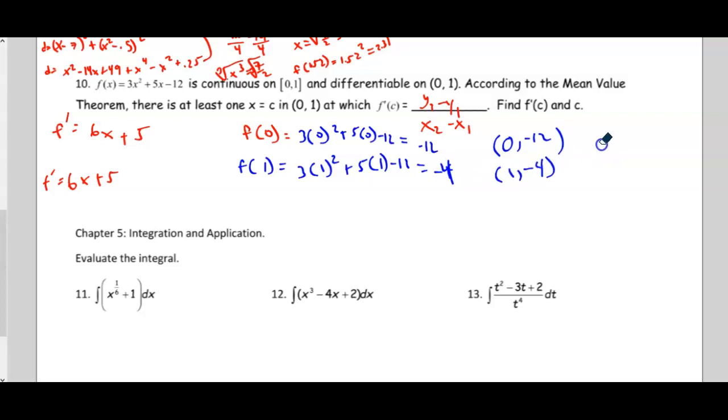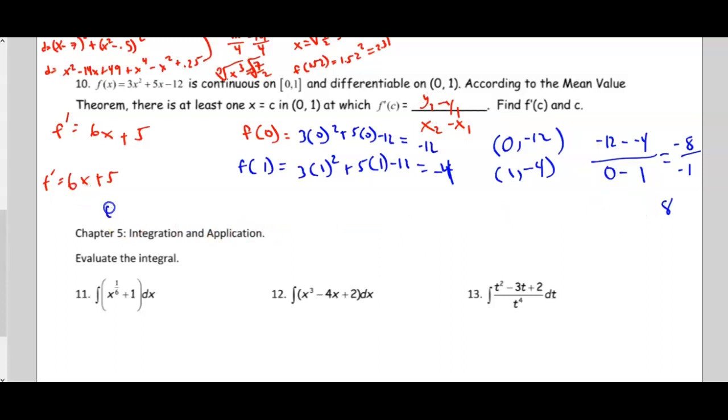So we got negative 12 minus a negative 4 all over 0 minus 1. That's plus 4. So negative 8 over negative 1 is 8. All right, so we're going to set f prime of c equal to 8, because the slope is 8.